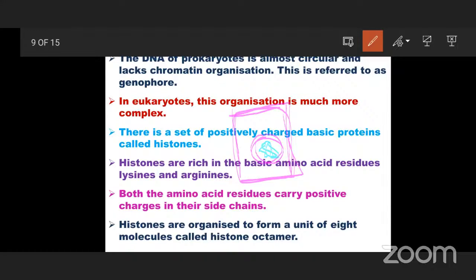Eukaryote: eu means advanced, karyote means nucleus. A well-developed nucleus means the nuclear genetic material DNA is covered with a well-developed nuclear membrane. Nothing but the nucleus is bounded by a nuclear membrane.